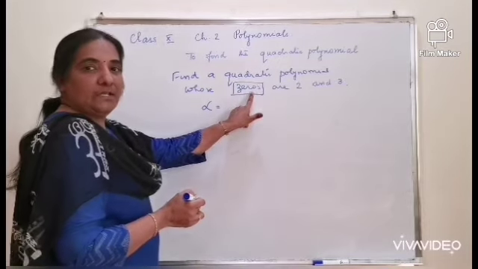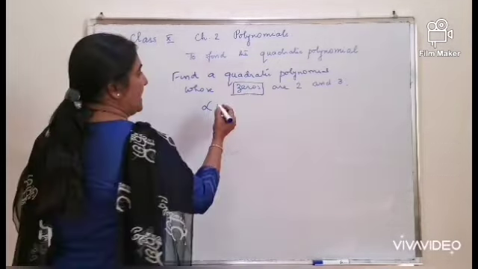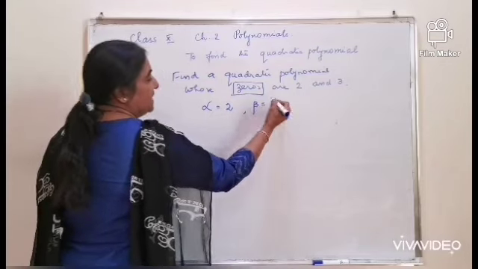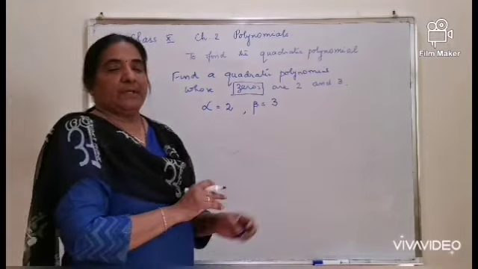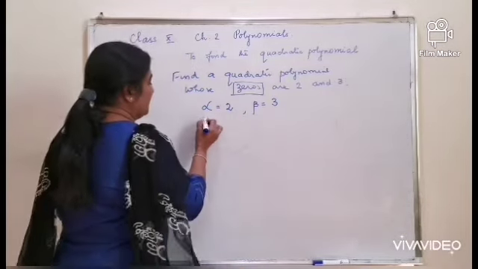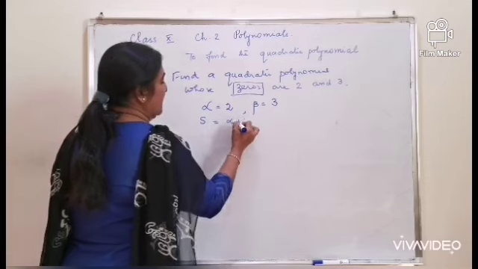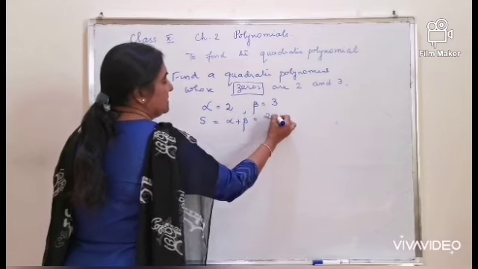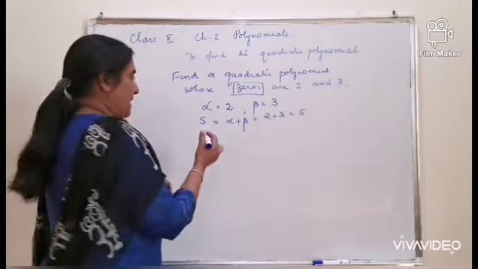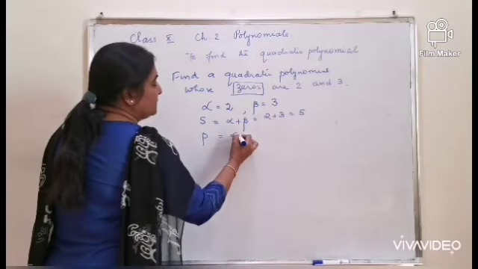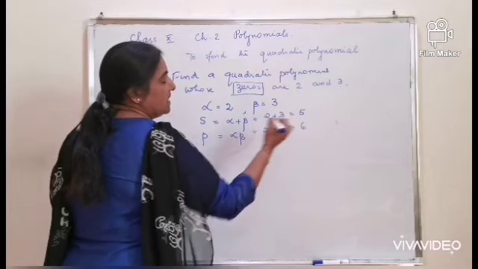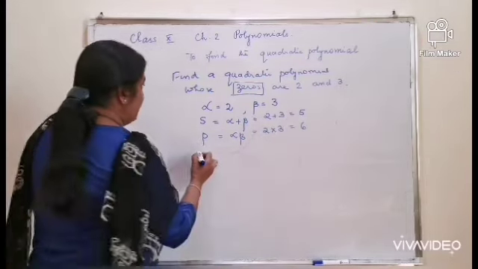Whenever you hear zeros, take the first zero as alpha and the second zero as beta. In these types of questions, first you have to work out the sum of zeros: alpha plus beta is equal to 2 plus 3 is equal to 5, and the product of zeros: alpha into beta, 2 into 3 is equal to 6.